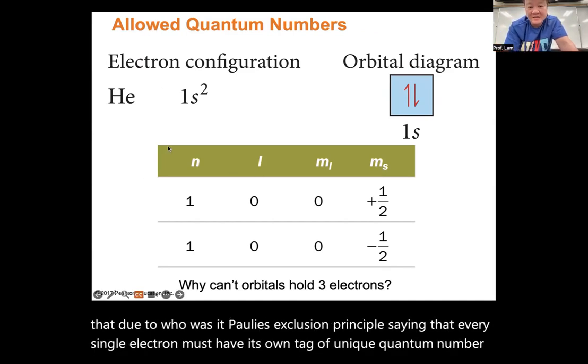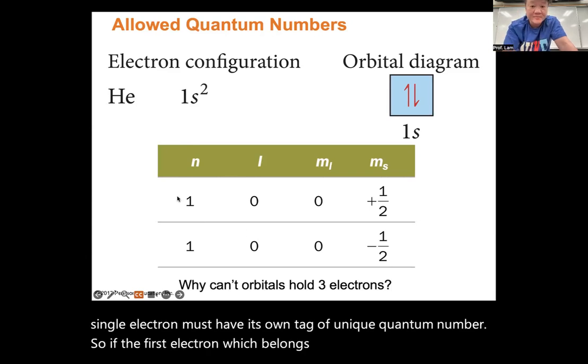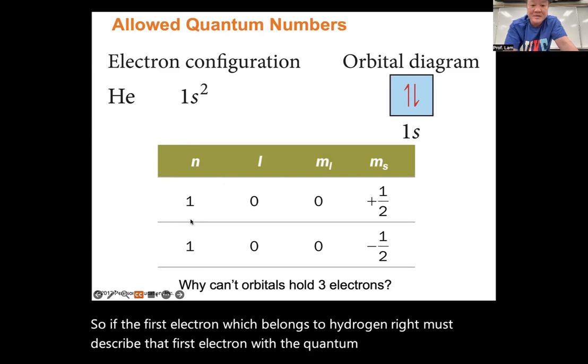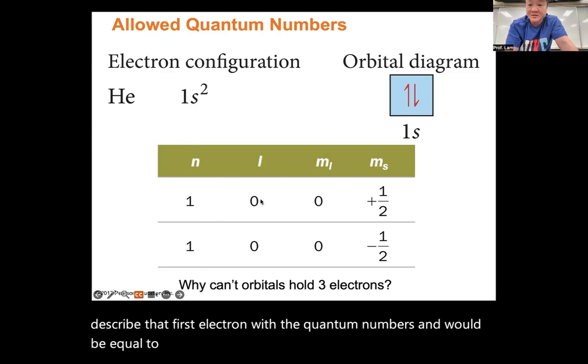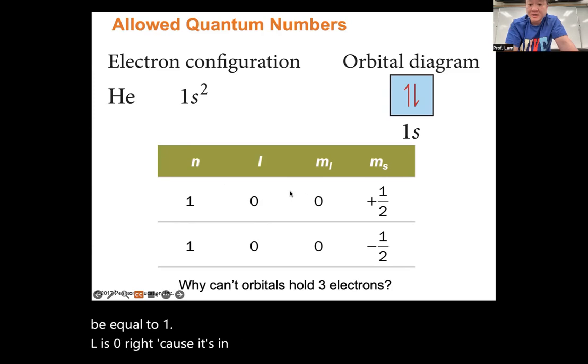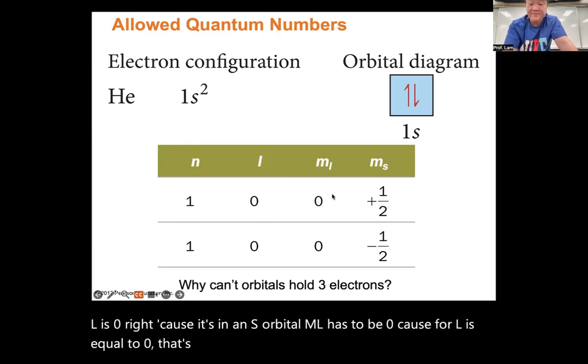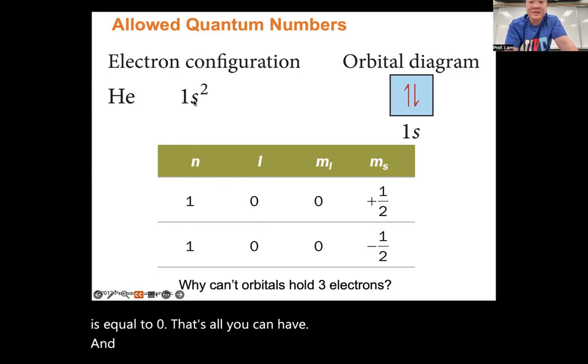So if the first electron, which belongs to hydrogen, let's describe that first electron with the quantum numbers: n would be equal to 1, L is 0, because it's in an s orbital. ML has to be 0, because for L equal to 0, that's all you can have. And then MS is going to be plus 1/2, because that's the spin up.